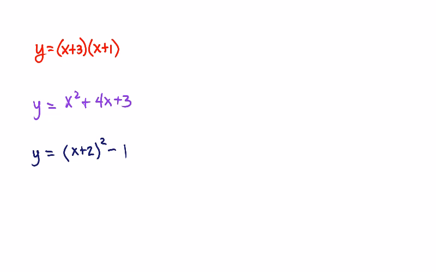They just tell three different stories. The first one is intercept form, and the x-intercepts can be found real easily by looking inside the parentheses. I'm going to go with the opposite of what I see. So the opposite would be negative 3, so (negative 3, 0), and the other one would be (negative 1, 0). Those would be the x-intercepts.